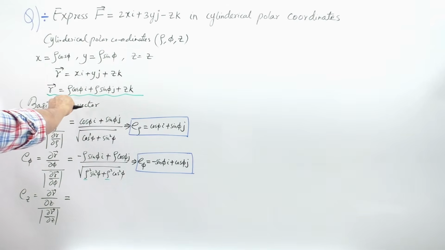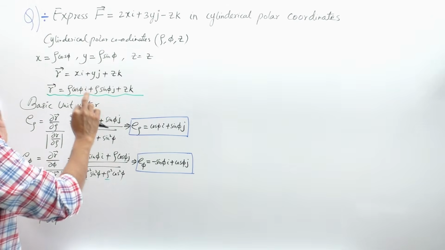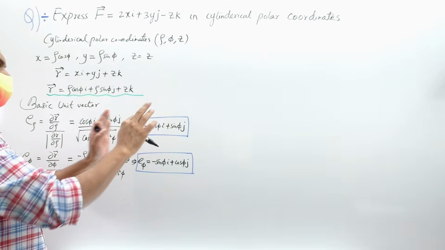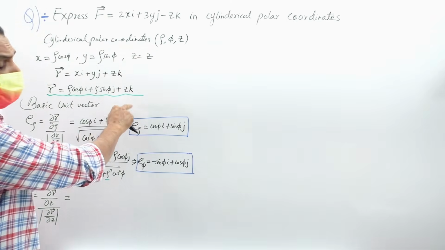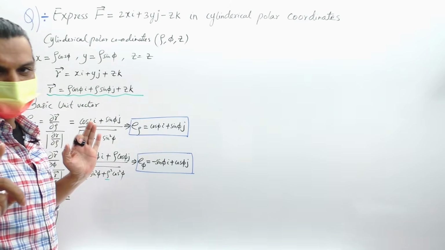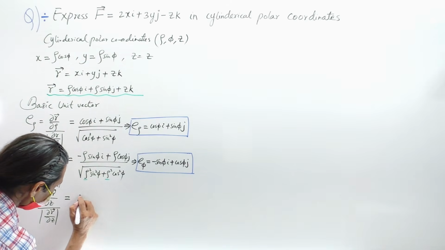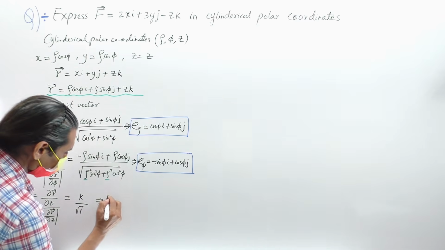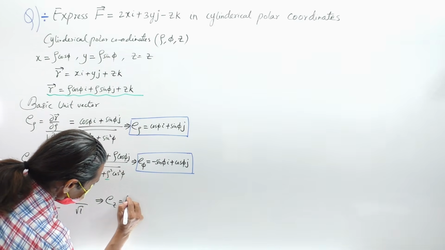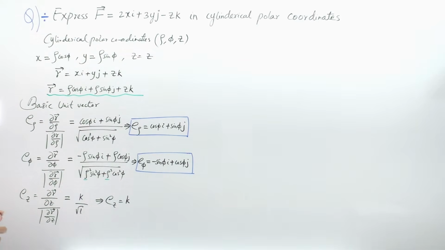See, R is rho cos phi into i plus rho sin phi into j plus zk. For ∂R by ∂z, there is no z in the first two terms, z is only here. Differentiation of z is 1. That's it, 1 into k, whole by root of 1. That implies we have Ez is equal to k. That's it.